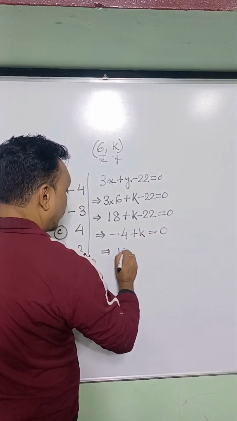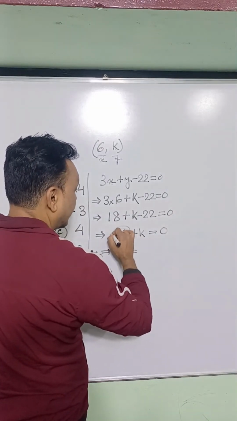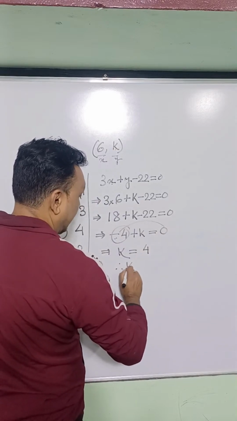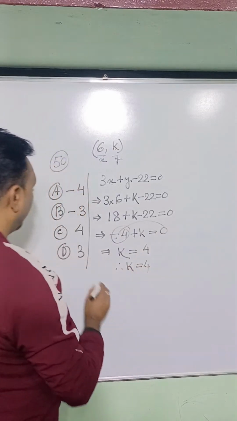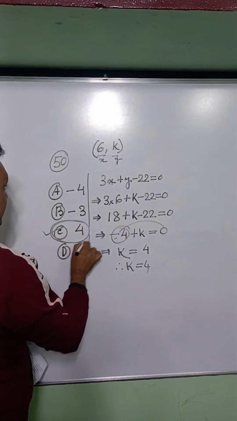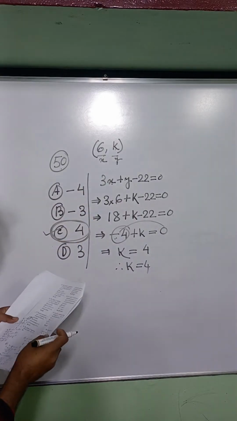Then you have to find the value of k. If we take minus 4 to this side, it will be plus. Therefore the value of k is 4. 4 is given, so this is the correct answer. Option C. The answer of question number 50 is C.